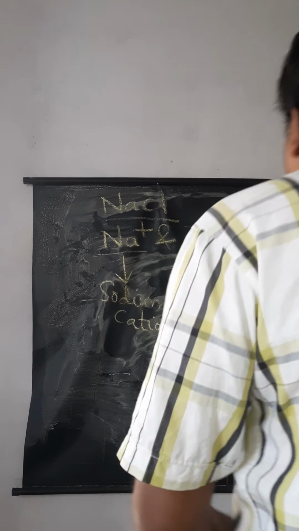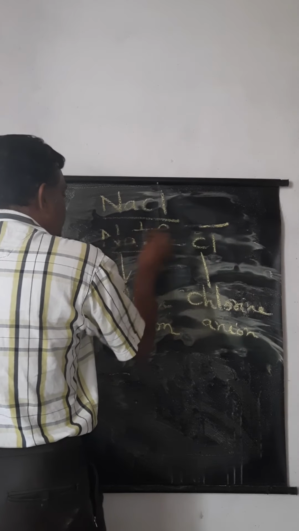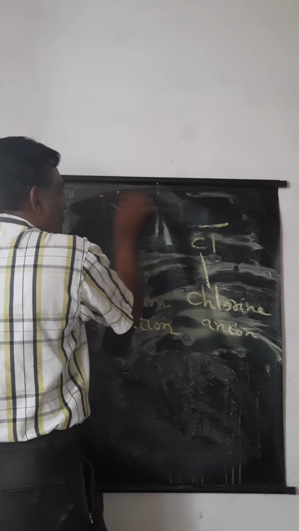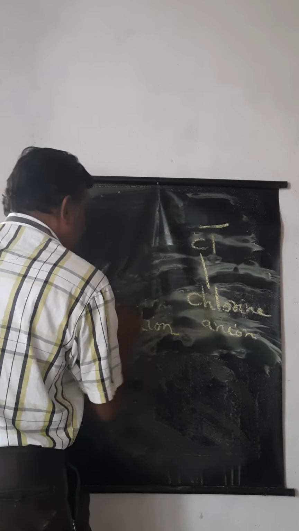Now I am teaching you how an ionic bond is formed. First of all, let us look into the electronic structure of sodium.